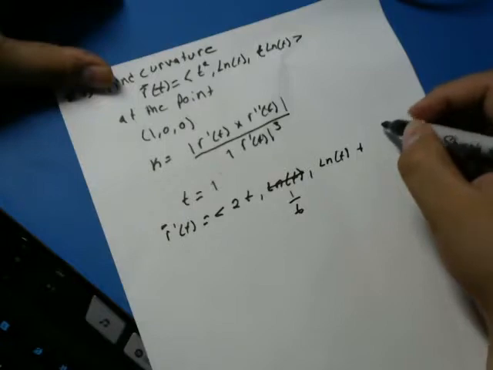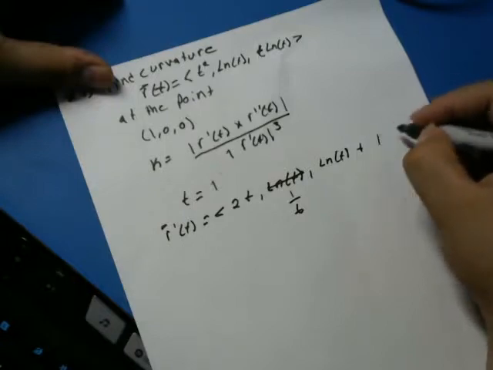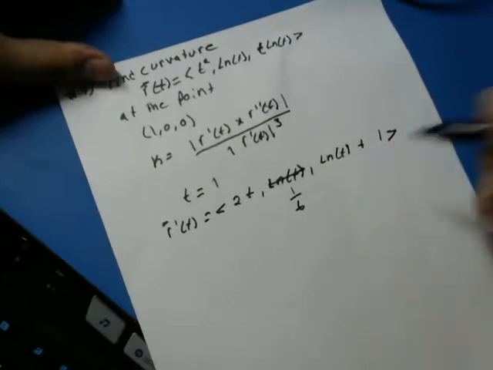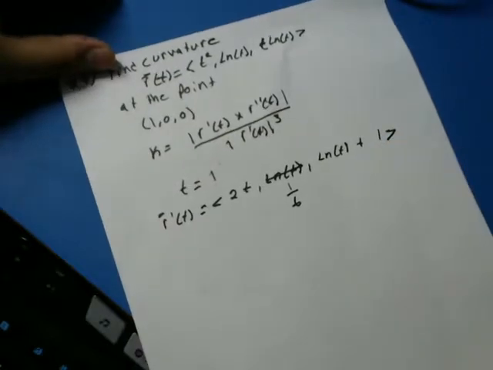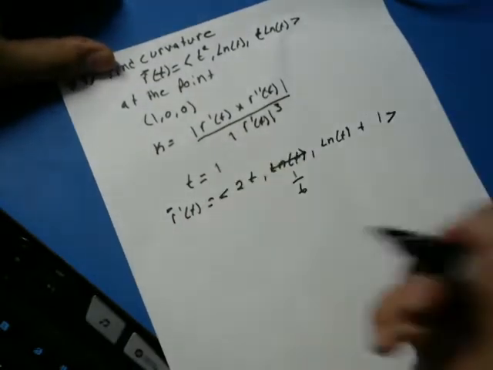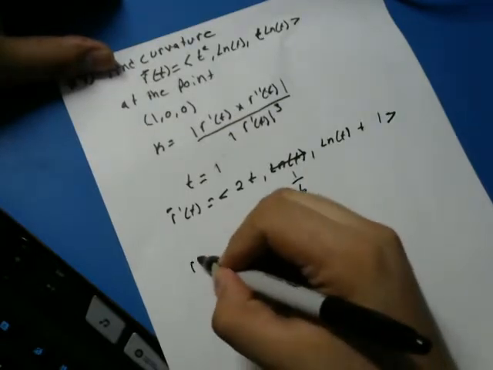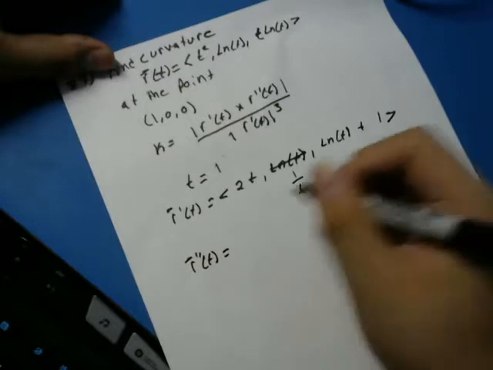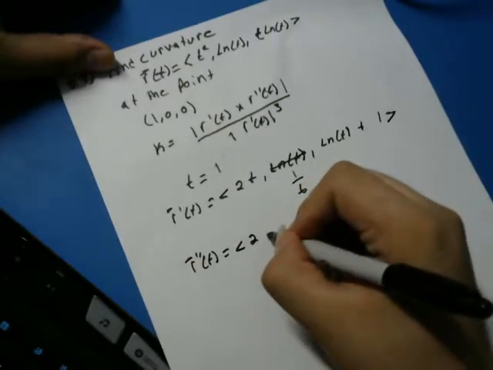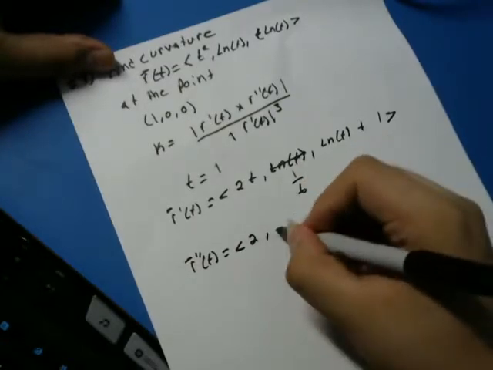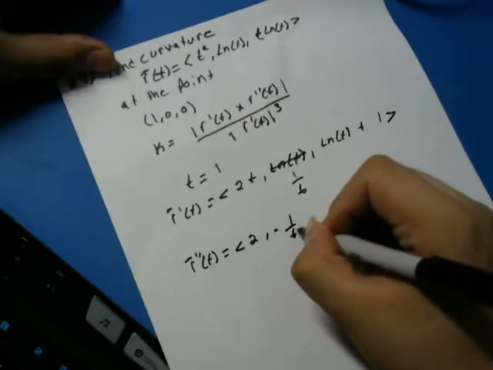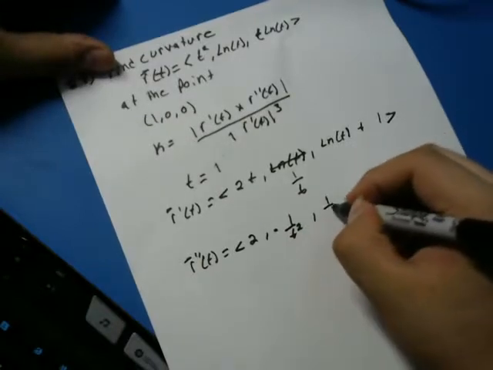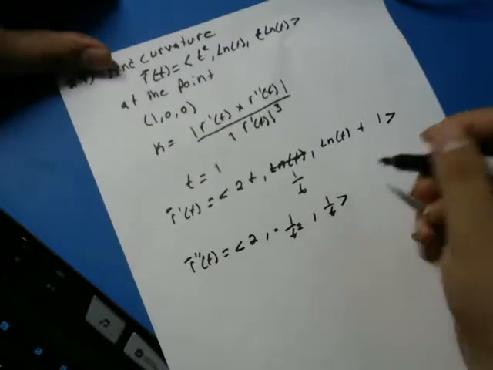You'll just get 1 plus 1 there. Okay, so this is our derivative, r prime of t, and we want to find r double prime of t. And that's just going to be equal to 2, negative 1 over t squared, and then just 1 over t here.